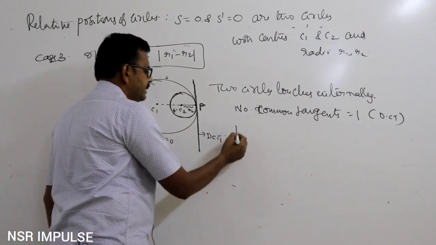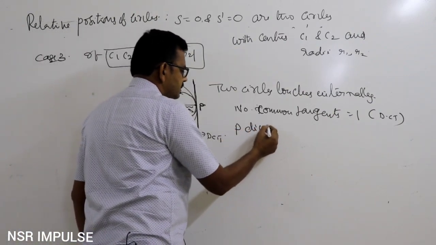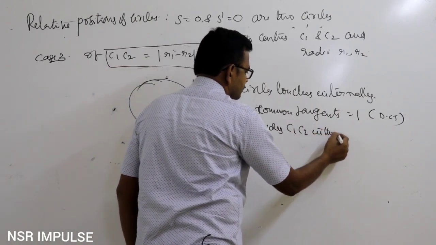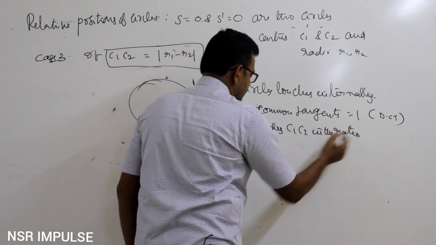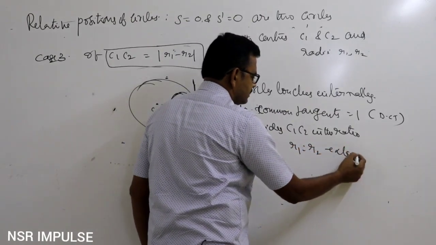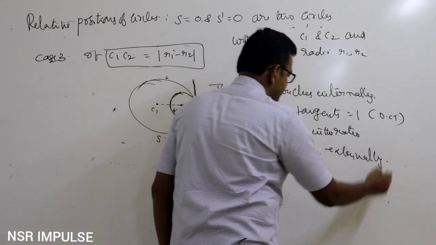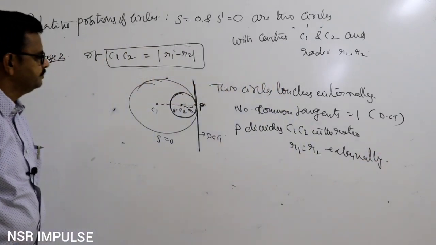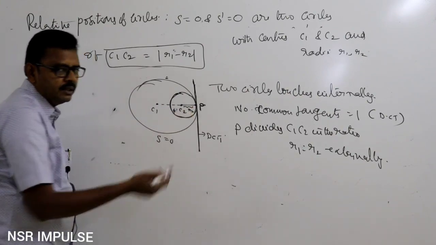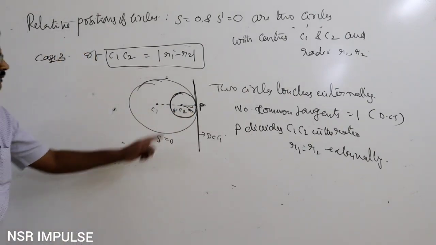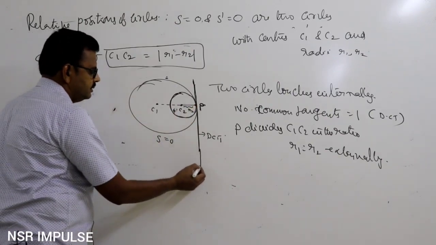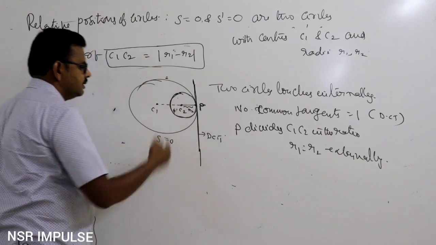Therefore, the point P divides C1C2 in the ratio R1 to R2 externally. And find the equation of the common tangent at their point of contact, which means S1 equal to 0 or S dash 1 equal to 0.